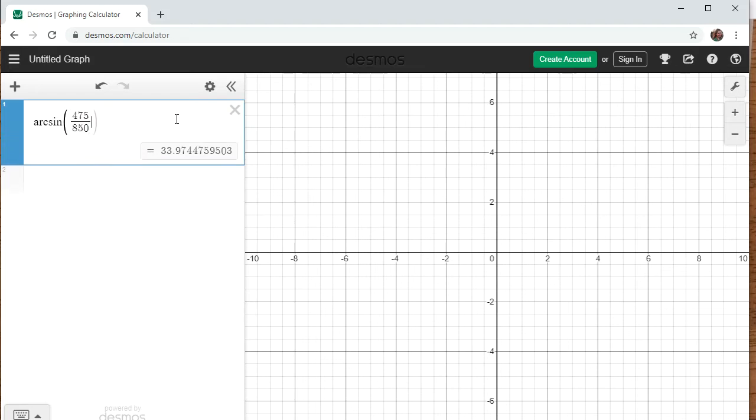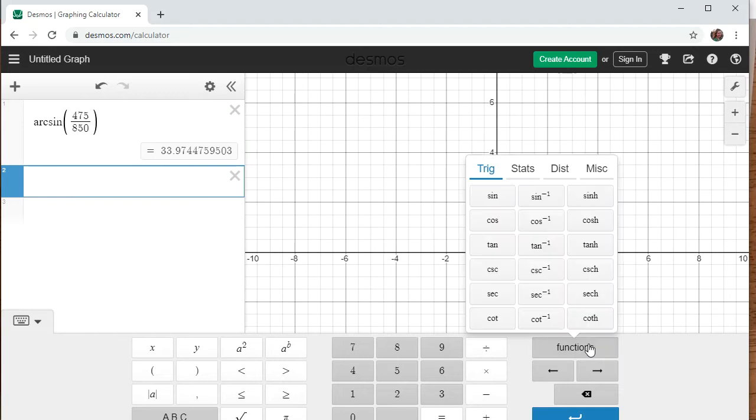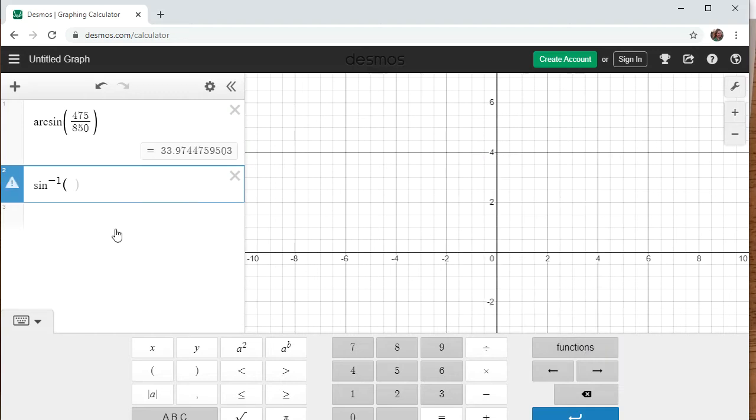Or you could have instead clicked on the arc sine function, so it had the little -1 notation, and done 475 over 850. Same thing, of course. Those two functions are equal, it's just two different ways of writing the same thing.